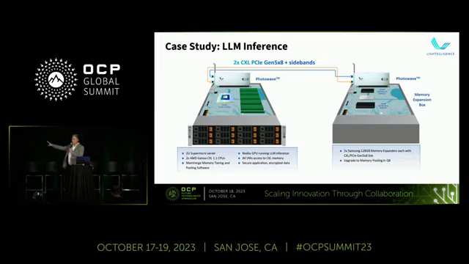On the left-hand side, you have your AMD Genoa server. It's CXL 1.1 compliant. In that server is an NVIDIA A10 GPU that's processing your large language model, along with a Photowave card, which does PCIe Gen 5 x16 over optics.